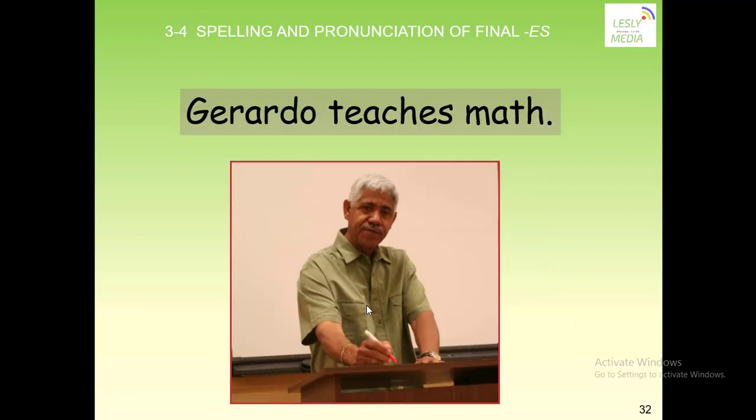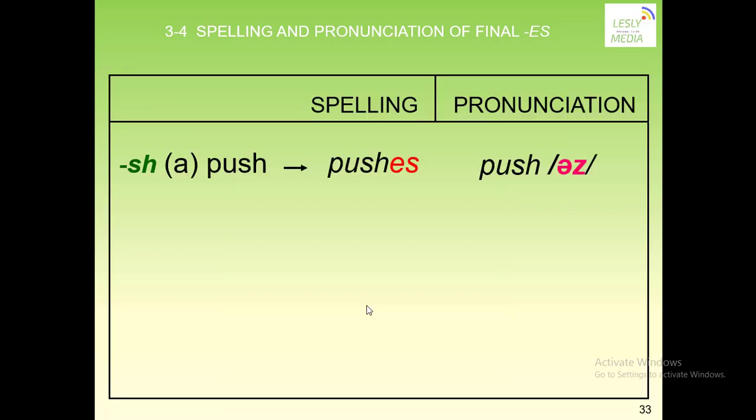Okay, next. How about the spelling and the pronunciation of final ES? Okay, can you pronounce this sentence? Gerardo teaches math. For the spelling and the pronunciation, if the verb ends with sh, for example, push, you have to pronounce it as pushes.